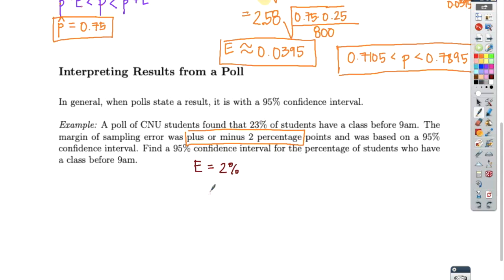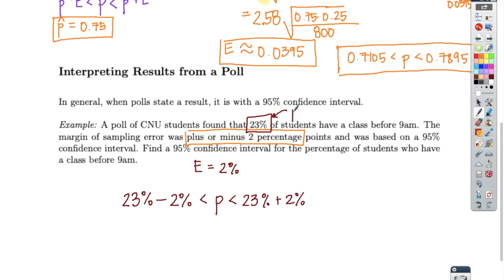Basically, this is saying that we found a sample statistic of 23%. 23% of students have a class before 9 a.m., but that could be decreased by 2% or increased by 2%.